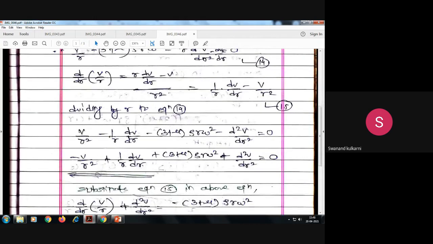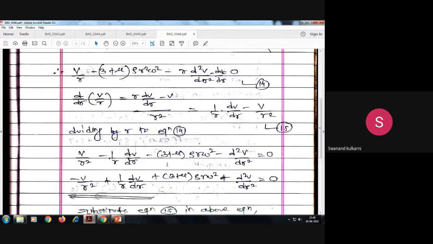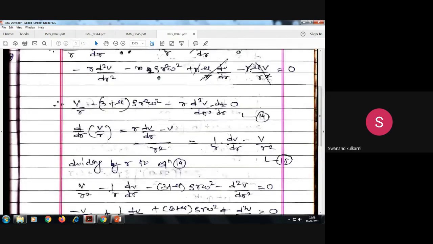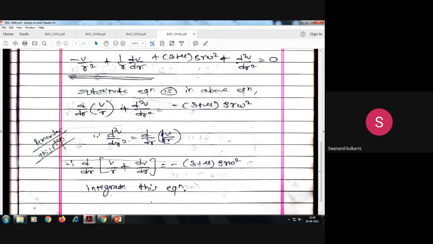So after dividing by this r, v upon r square minus 1 upon r dv by dr is equal to minus (3 plus mu) rho r square omega square dou 2v by dou r2. So like this, small adjustments are made. It is divided by r in these steps.